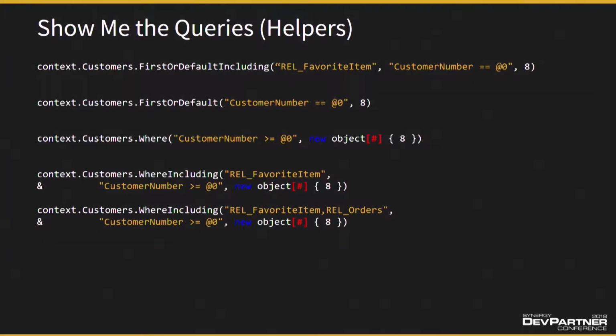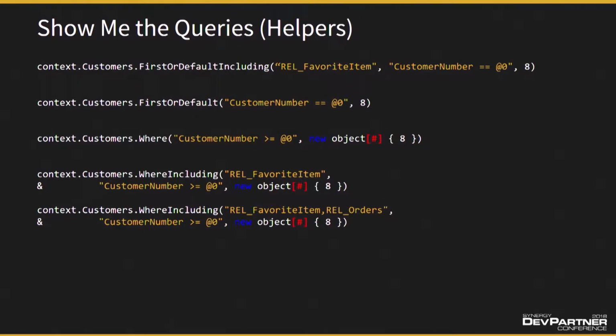And the helpers. The helpers do the sorts of things that System.Linq.Dynamic does, but they wrap them up and make them compiled. So FirstOrDefaultIncluding is like that FirstOrDefault: grab me the first one that matches this and expand this item. So do a select join and give me back the results from two different files.